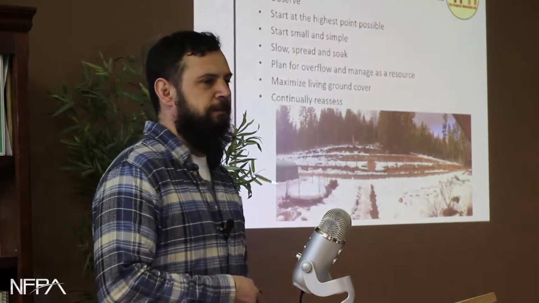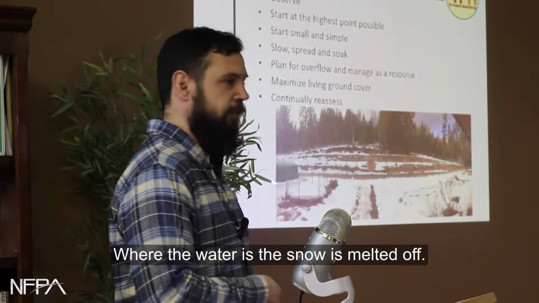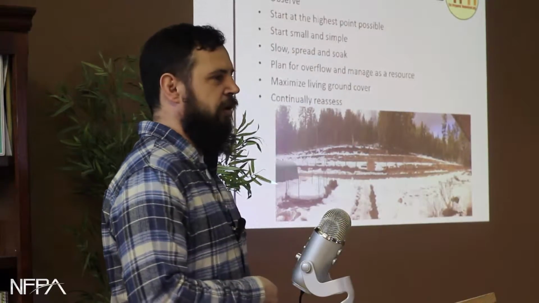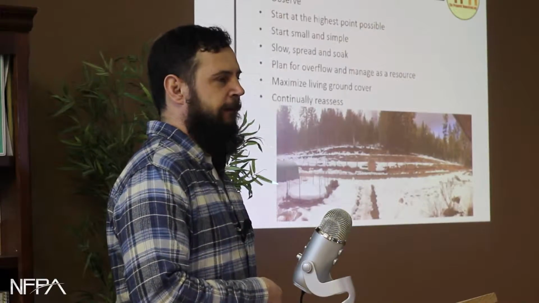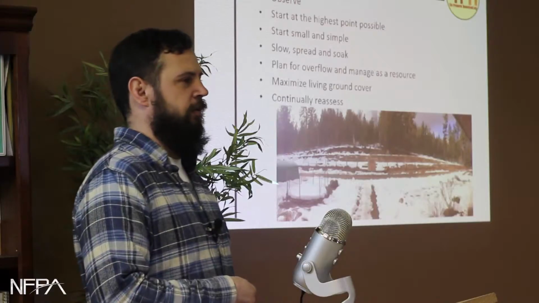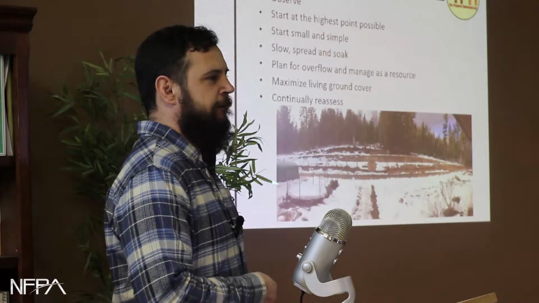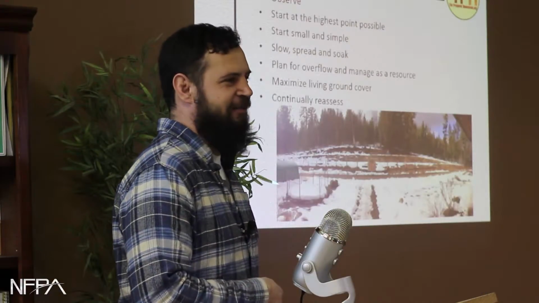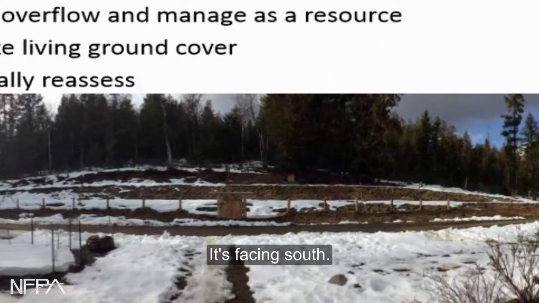Okay, what else? Where the water is, the snow is melted off. Okay, good. So we have areas where the snow is melted off, all right? What else? What does that tell you? It's warmer there. Very good. Can anybody figure out which direction this is facing? It's facing south.